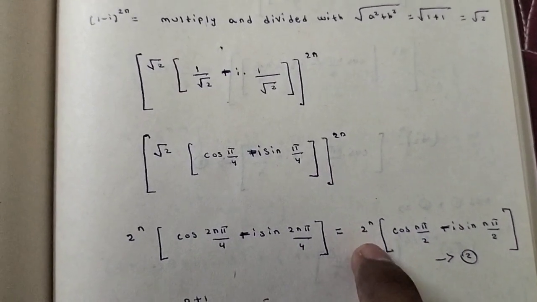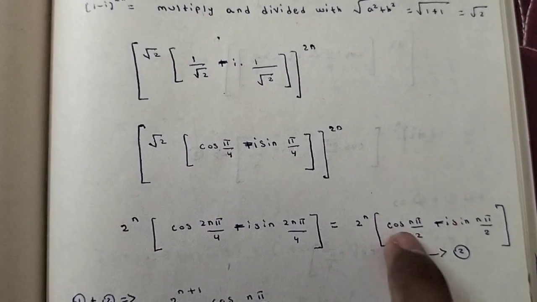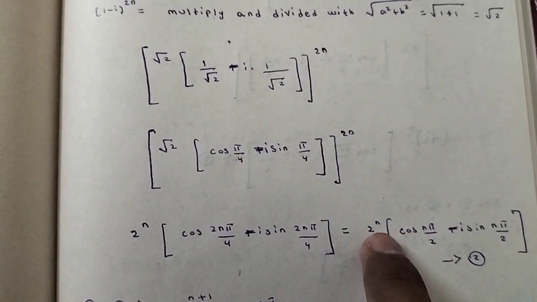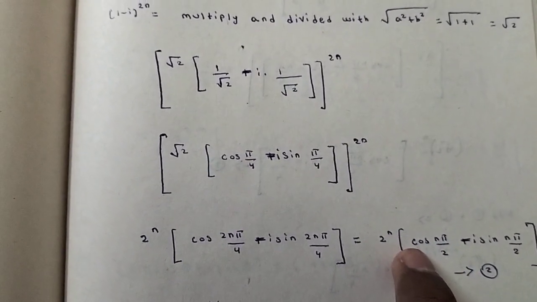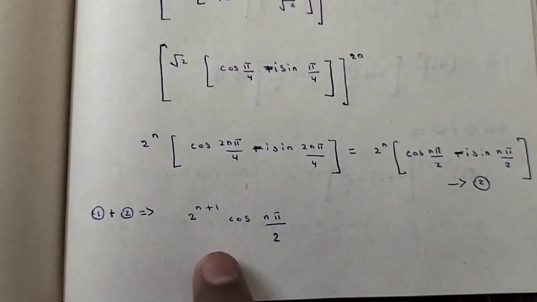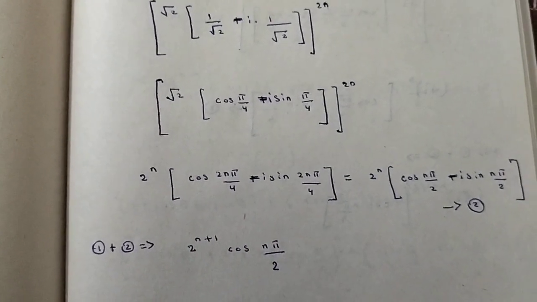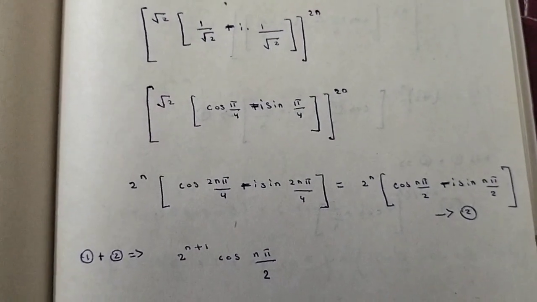Here I took 2^n cos nπ/2 common. Here it remains 2^n into 2 cos nπ/2. So it becomes 2^(n+1) cos nπ/2. Okay.